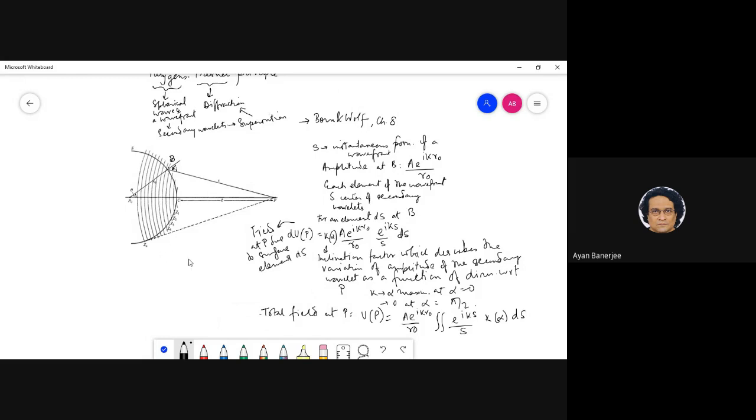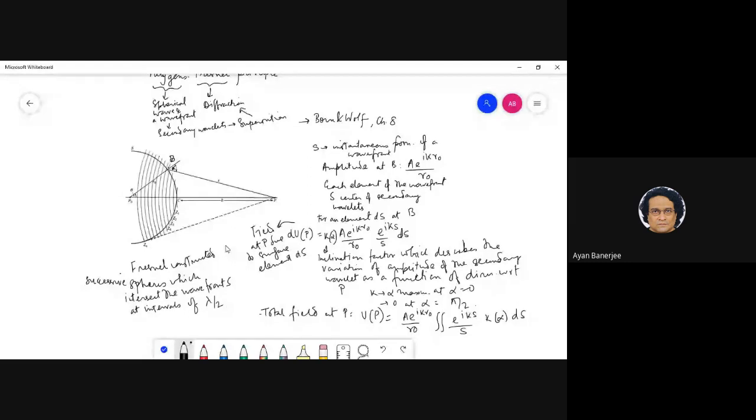So Fresnel constructed spheres which intersect the wavefront S at intervals of the successive spheres, intervals of lambda by 2.